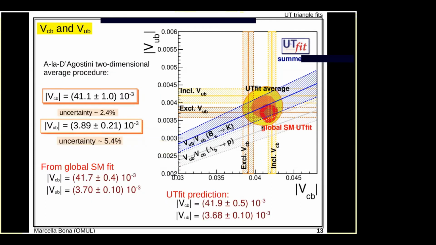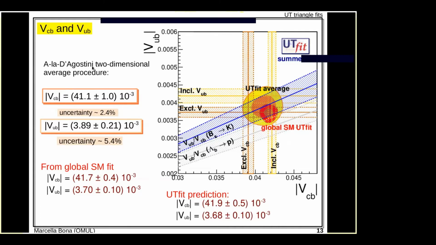Then if you put together what we do, because we have a tension between these two determinations, we cannot quite average them as normally. You can use a method for skeptical averages, and we implemented this method in a 2-dimensional procedure. And so the result is this yellow blob at 95% confidence probability, and the dark orange blob at 68% probability.